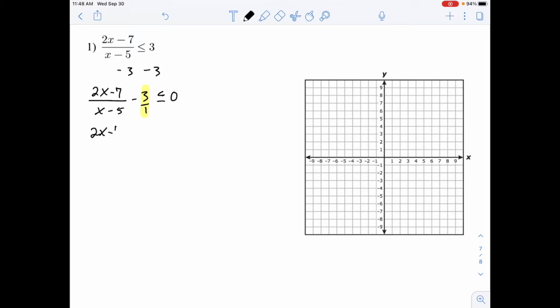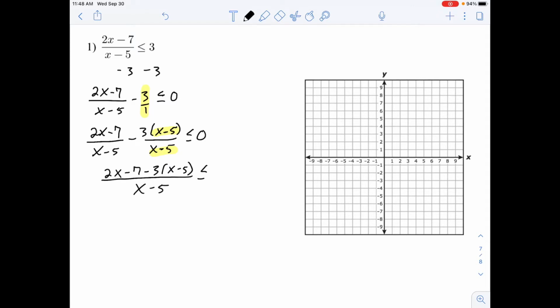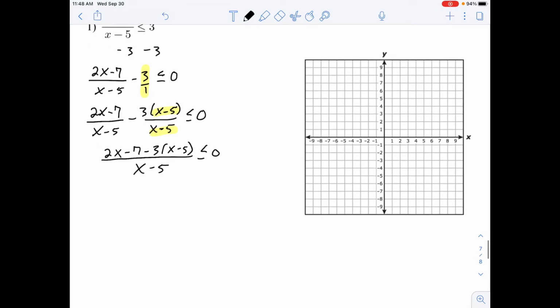So I have my first fraction minus, now I have to multiply the top and the bottom by the x minus 5 so that I get an equivalent fraction. So all I did was multiply the top and bottom by the common denominator. Now I can write this as one fraction, so it's 2x minus 7 minus 3 times (x minus 5) all over the common denominator is less than or equal to 0.